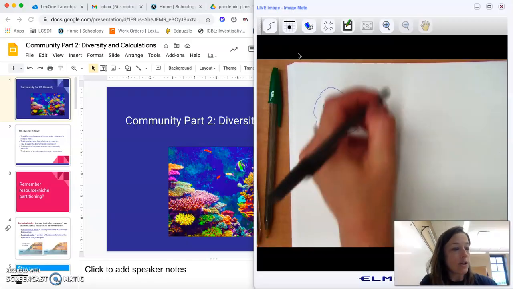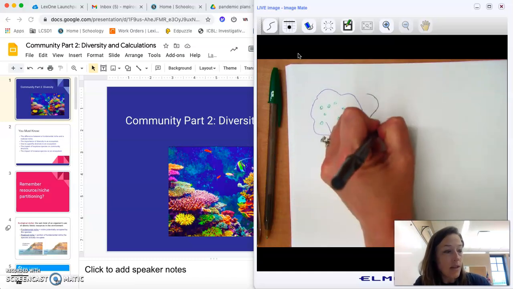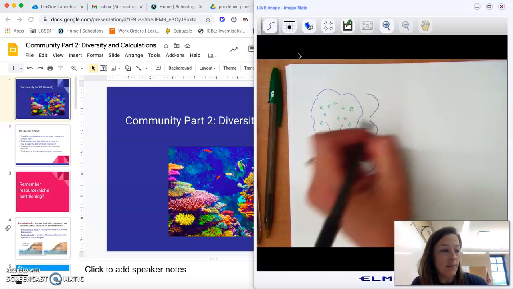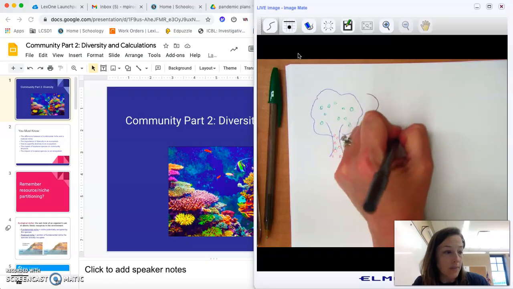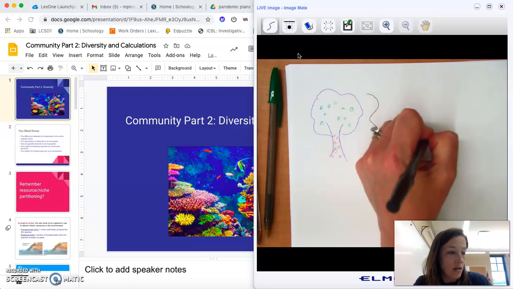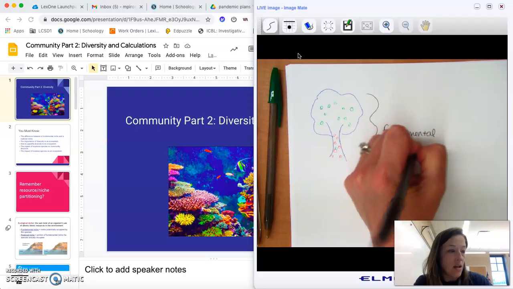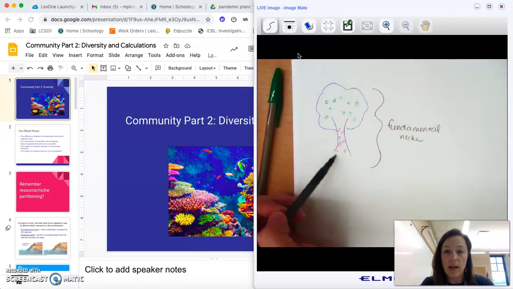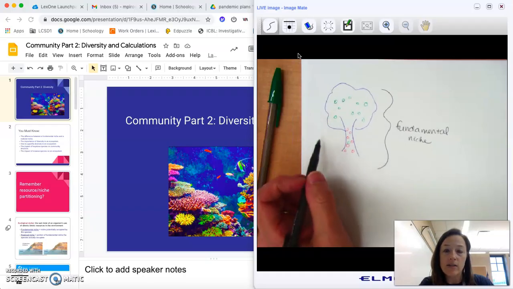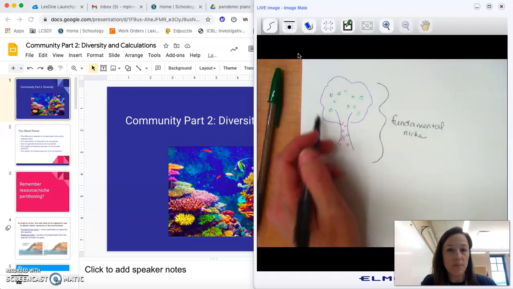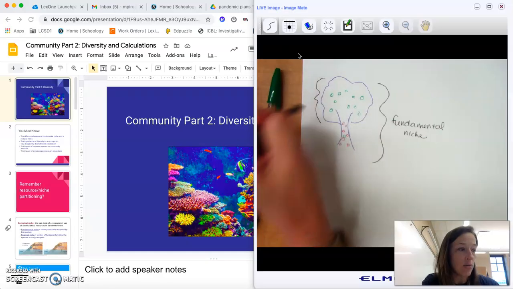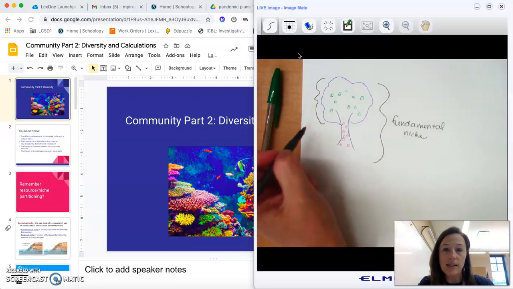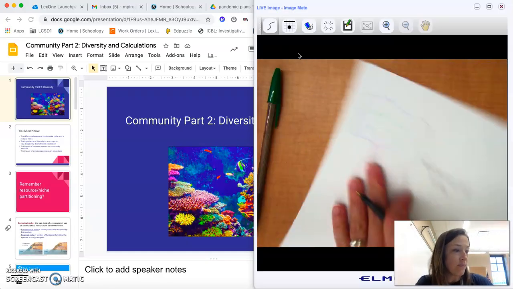And so when we talk about the niche for this green bug or the red bug, because they probably could both use the whole tree, the green bug's fundamental niche is the whole tree, okay? But that's not reality. That's not what the green bug is doing, because that brings in some competition. So what it's actually doing is hanging out in the top part of the tree.